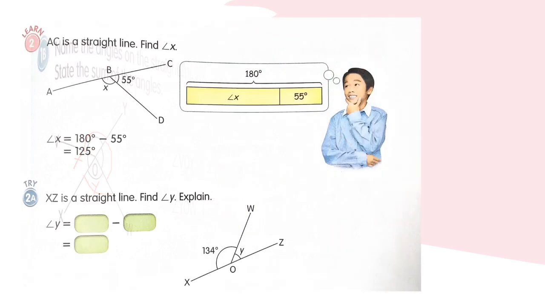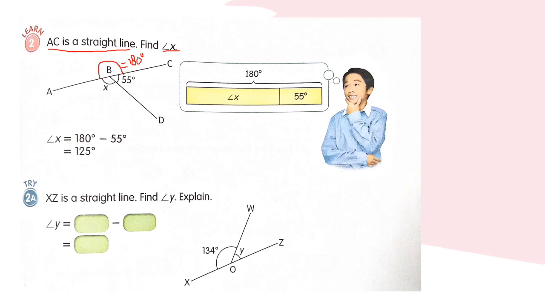Next. Look at AC. AC is a straight line. AC here is a straight line, so it will be equal 180 degrees. You need to find X. Here, you already got the total angles.